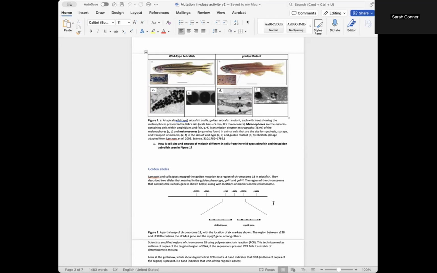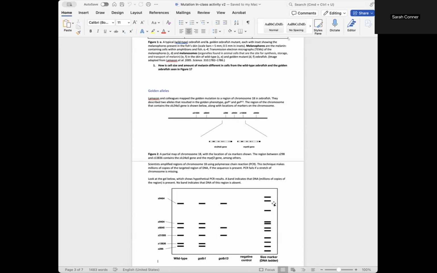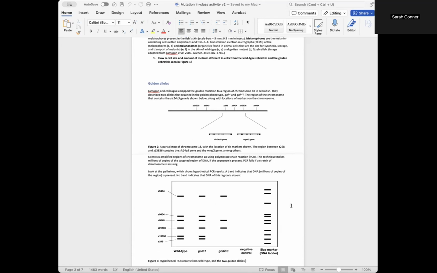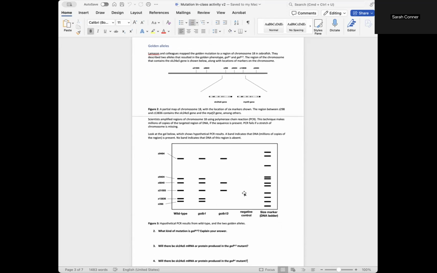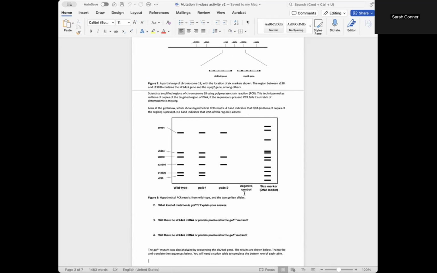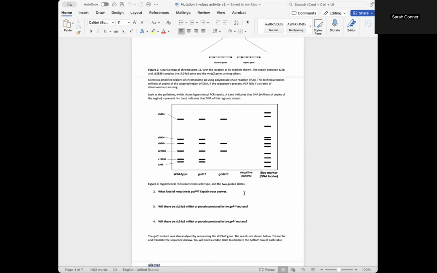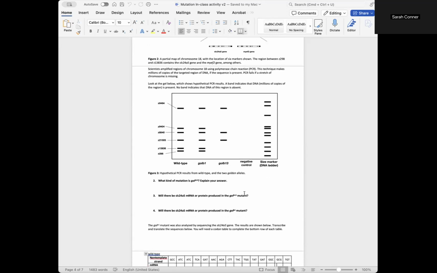You're looking through the data and the golden alleles, and here is the gel below. You basically did a PCR or gel electrophoresis result. The bands indicate that DNA is present, and if there's no band, it means that region of the DNA is not there. You'll look through the results hypothetically and answer a few questions.